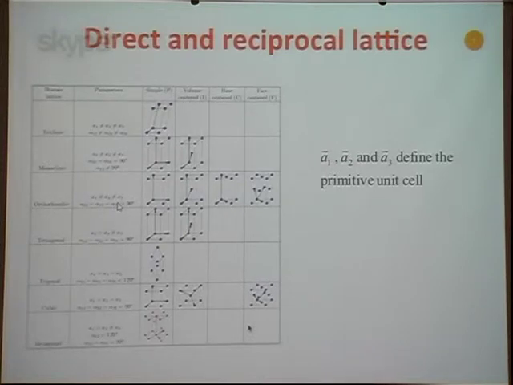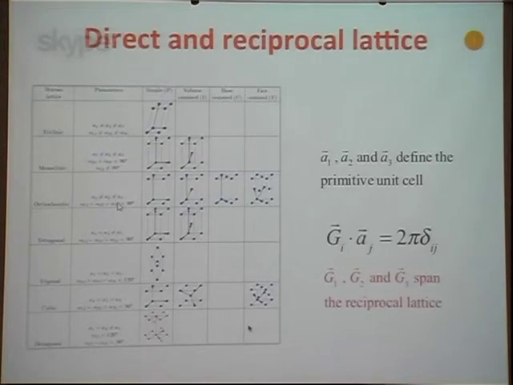The second concept after that of the direct lattice that you need to remember is the one of the reciprocal lattice, that is the dual of the direct lattice, defined by this dual relation. If A1, A2, and A3 are my primitive lattice vectors defining the unit cell, all vectors G whose scalar product with A1, A2, and A3 satisfy those relations above are said to be vectors of the reciprocal lattice.